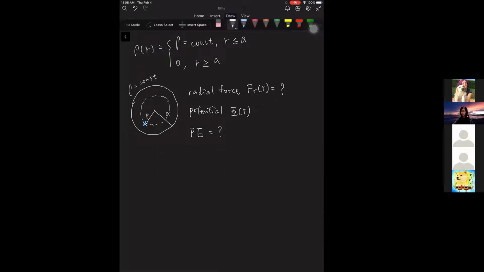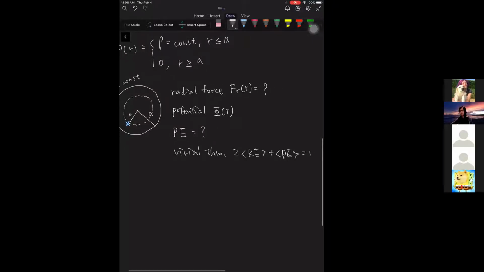Then we will apply the virial theorem: 2 times the kinetic energy plus the potential energy is 0.